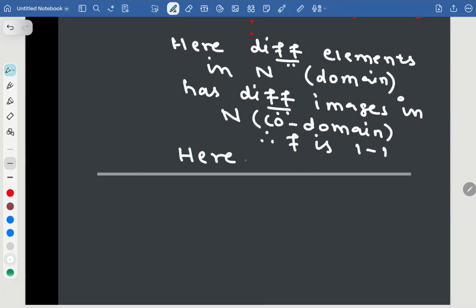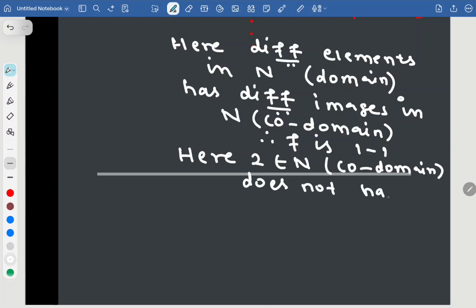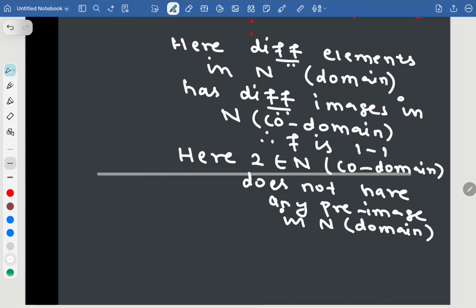Here 2 belongs to N, codomain, and does not have any pre-image in N. This N denotes the domain. Therefore, f is not onto.